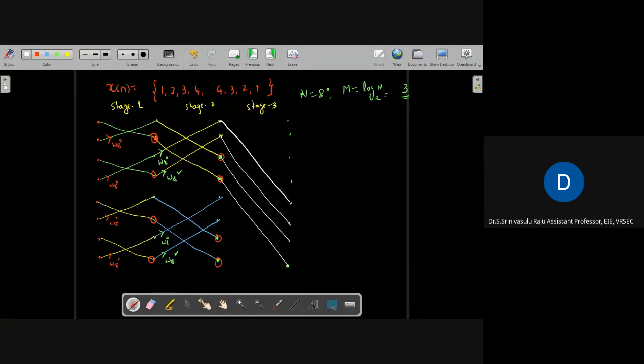Like that, first odd connected with the first even, second odd connected with the second even, third odd connected with the third even, and fourth odd connected with the fourth even. So here, what are the twiddle factors? W80, W81, W82, W83. So if you sum up these products, we'll have the DFT.